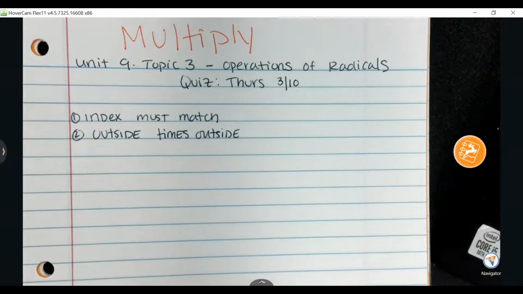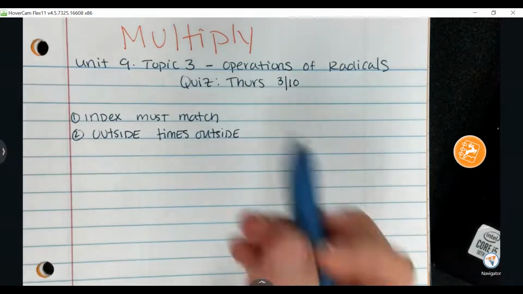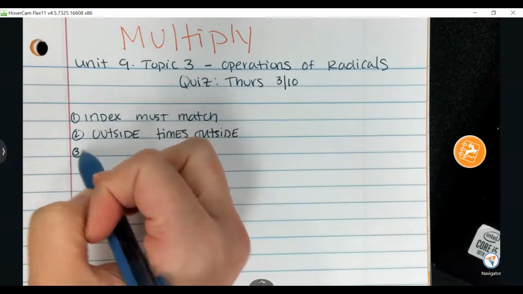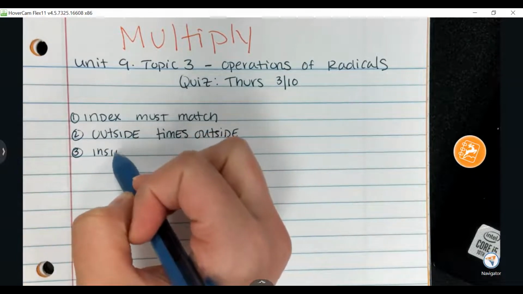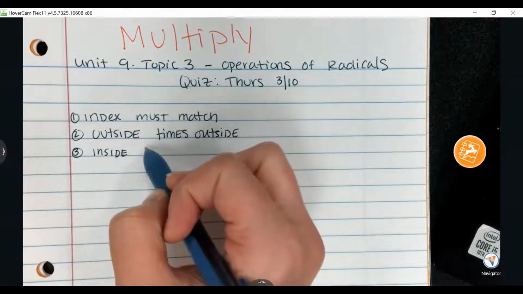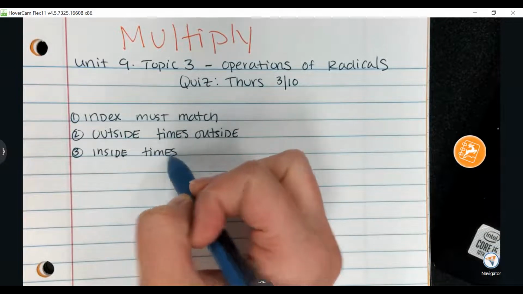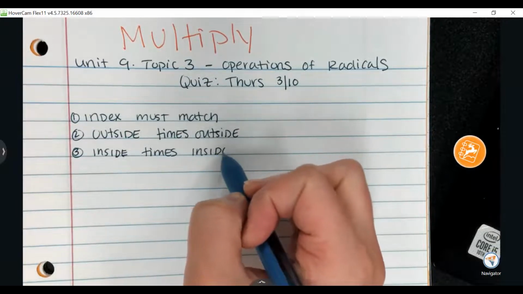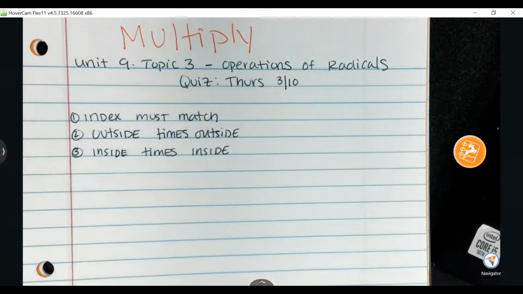I can't mix outside and inside. They're on different sides of a house. Can't go into the other side of somebody's house. Number 3 is inside times inside. Those are my 3 rules. Index has to match, outside times outside, inside times inside.